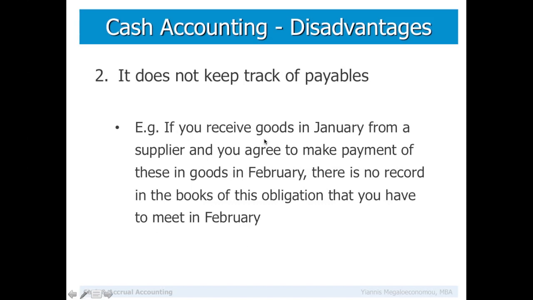So if you receive goods in January from a supplier and you agree to make a payment for these goods in February, there is no record in your accounting books of this obligation. So again, in this case, you have to rely as a business on the personal notes or memory of the owner or the manager.